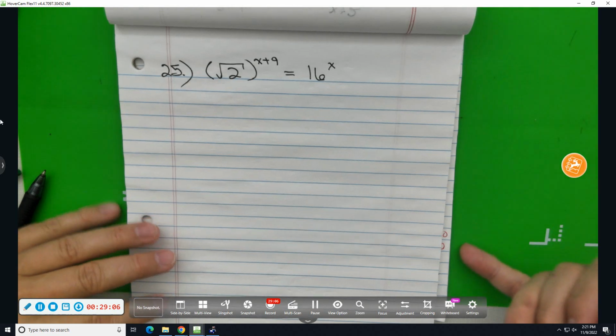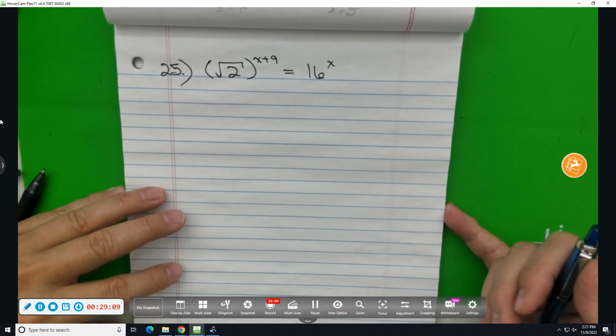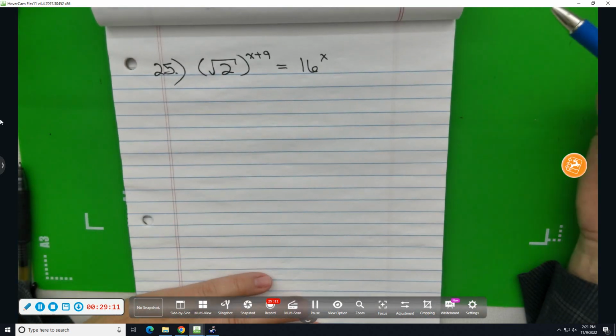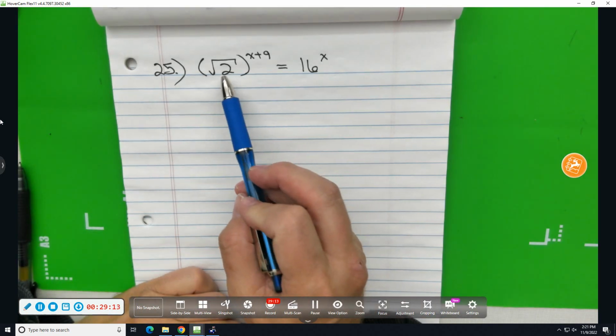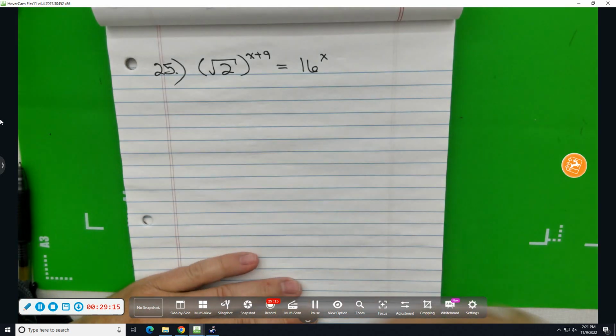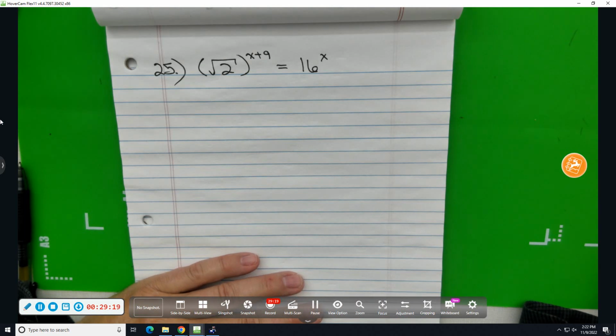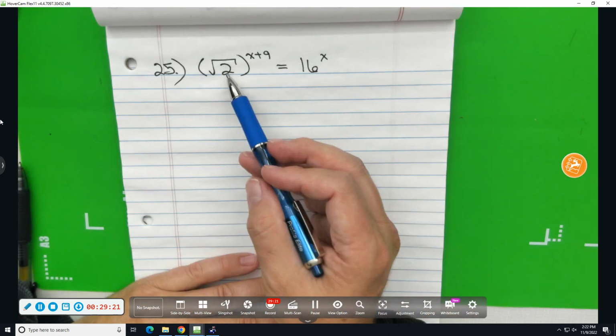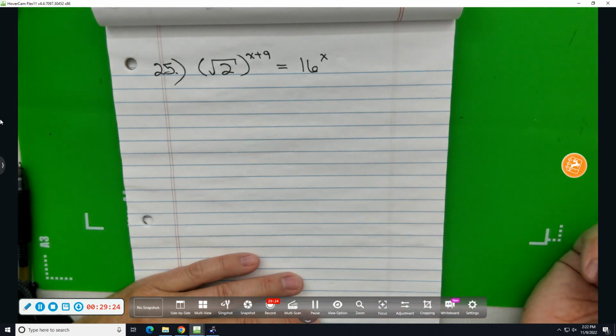Remember, I told you that there was something you needed to add to your bag of tricks with regards to radicals. When we're working with exponentials or logarithms, when you run into a radical, you're going to want to rewrite it in terms of a rational exponent.